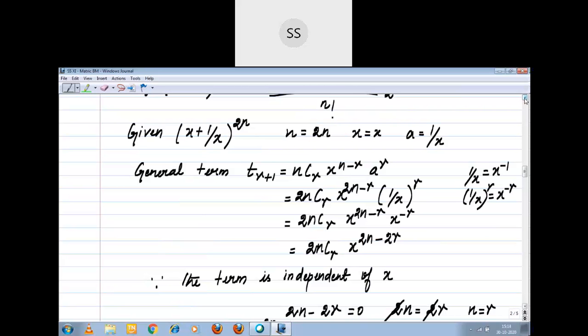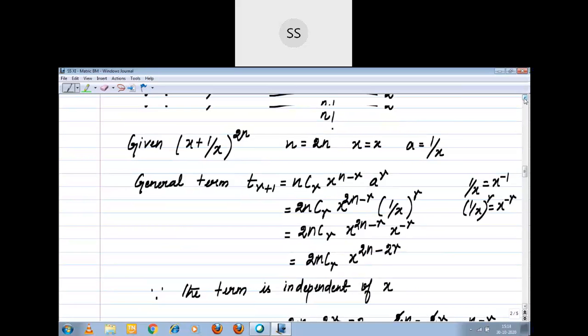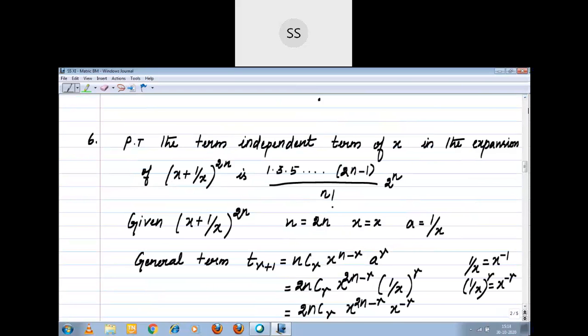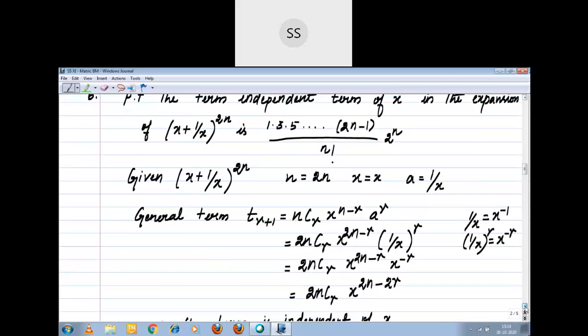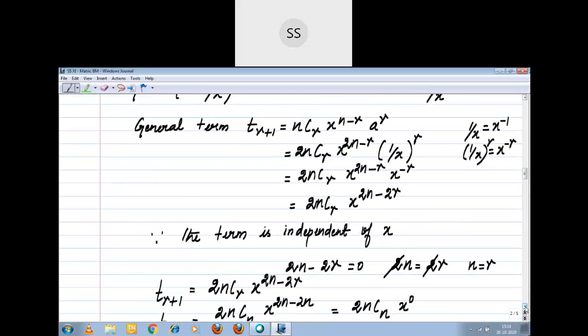See here, the given is x plus 1 by x, the whole power 2n. They said, prove that the term independent of x is, right, the general term. Here your n is 2n, x is x, a is 1 by x. Then T r plus 1 equal to nCr, x power n minus r into a power r.